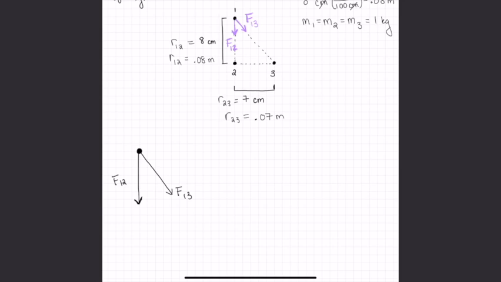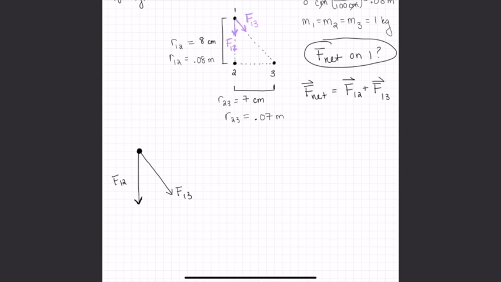And before we can get our net force, so I guess we want F net on 1 is what we're solving for, which, from just vector addition, should be equal to the vector sum of F12 and F13.